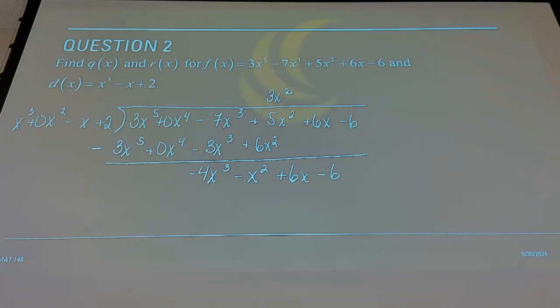Is that degree less than the degree of the divisor? No, then we have to keep going. What do you multiply x cubed by to get negative 4x cubed? Negative 4.